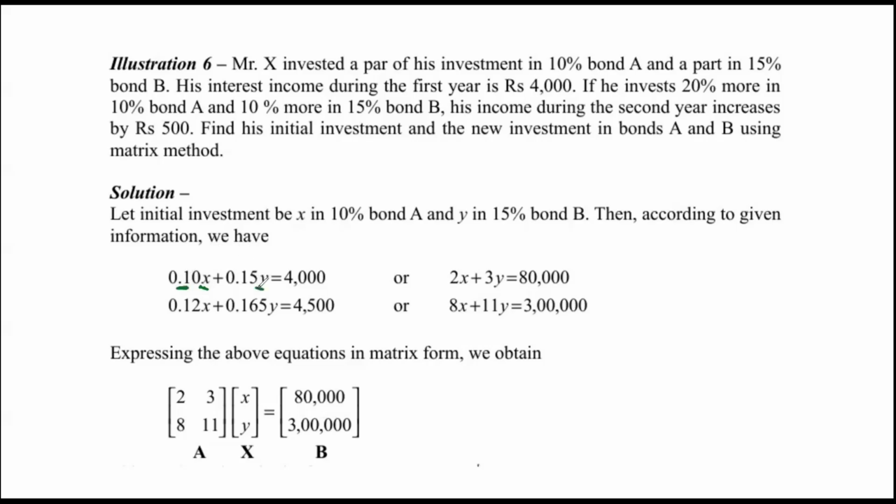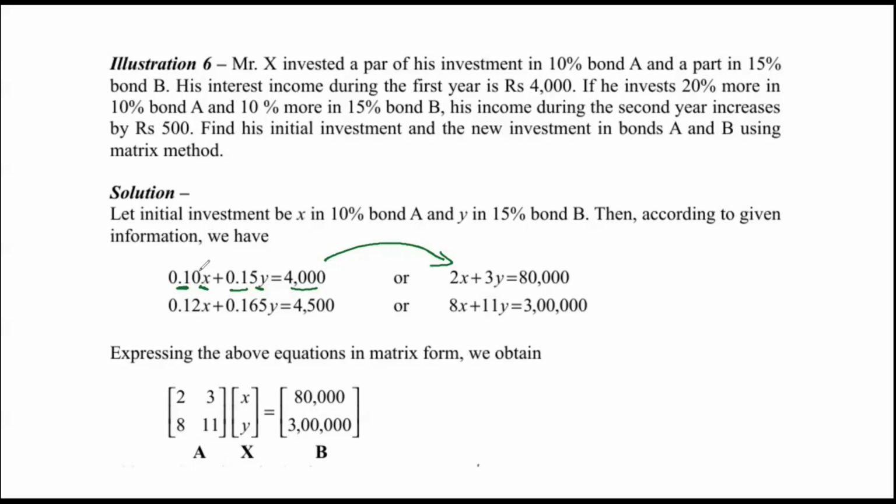And then bond B at 15% interest, and all of that will add up to 4,000 rupees. So you do some algebra, I leave you to see how you can move from there to there. Good. Now, what about the second year?